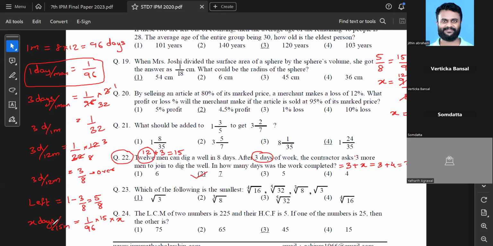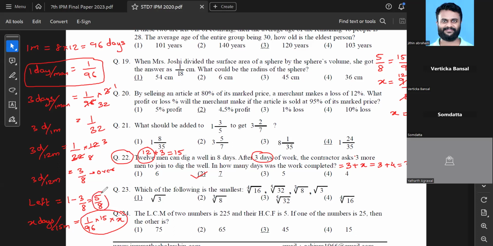Let me consider X days to be required by these 15 men to complete the work. The work done by one man is 1 by 96. When I consider 15 men, I'll multiply it by 15. When I consider X number of days, I'll multiply it by X. So this is the amount of work completed in X days.